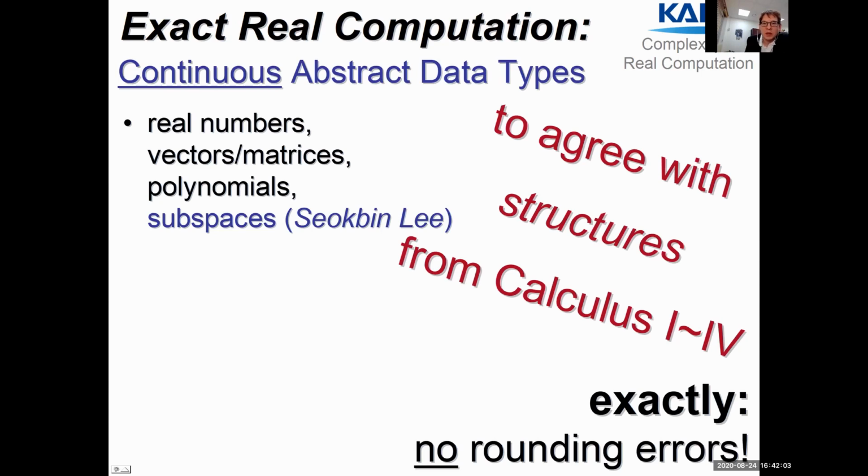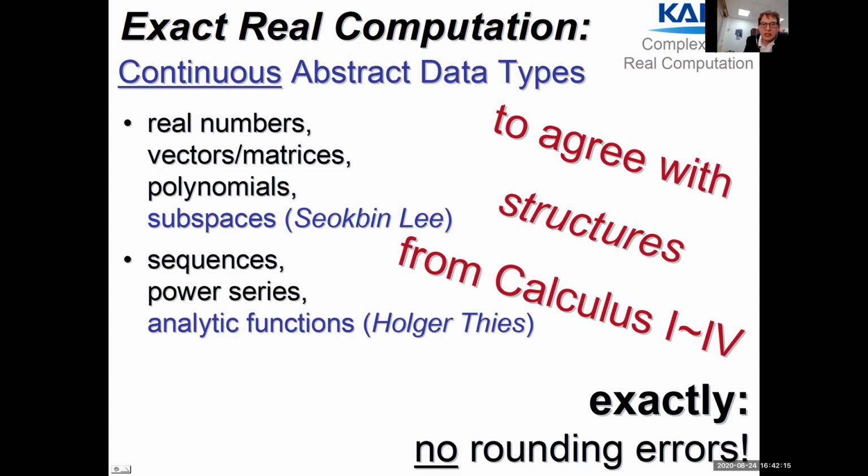This is the work of Sokbin Lee, who is now a student at Georgia Tech. iRRAM supports sequences and power series, and based on that, Holger Thies has implemented analytic functions, in particular analytic continuation, which is very messy to do with classical numerics because of all these rounding errors and precision considerations.